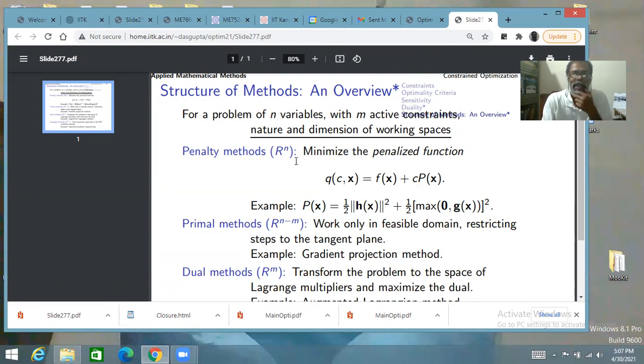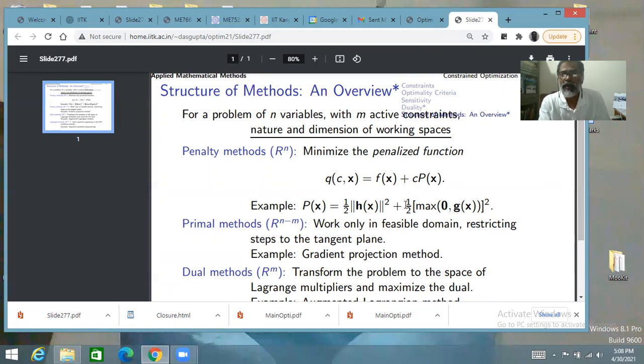The little trick that is played here is that with the objective function, you add a constant times a penalty function, and you define the penalty function in such a manner that it is 0 if the constraints are all satisfied, and positive and increasing as the constraint violation grows. So for example, take this penalty function.